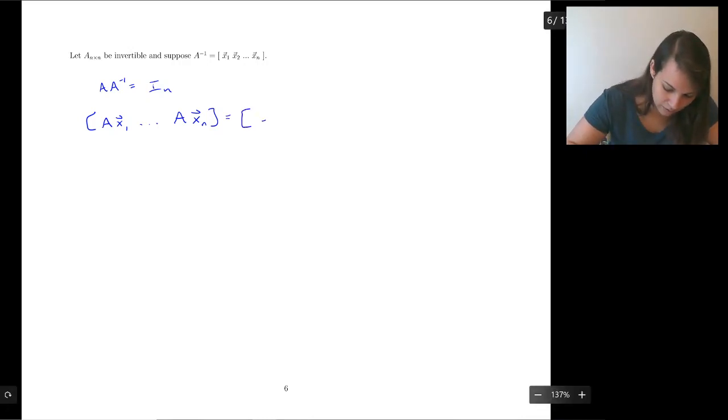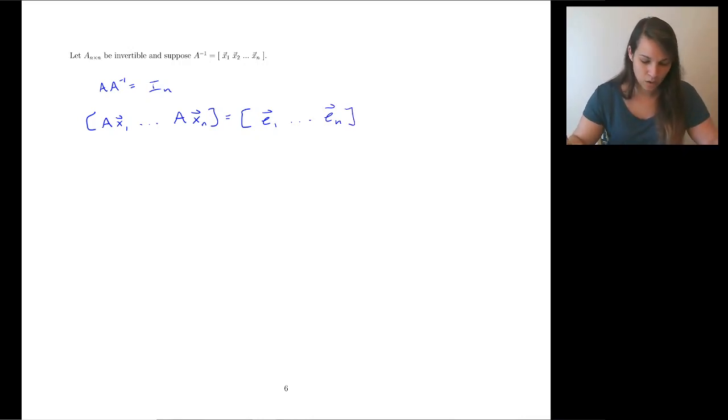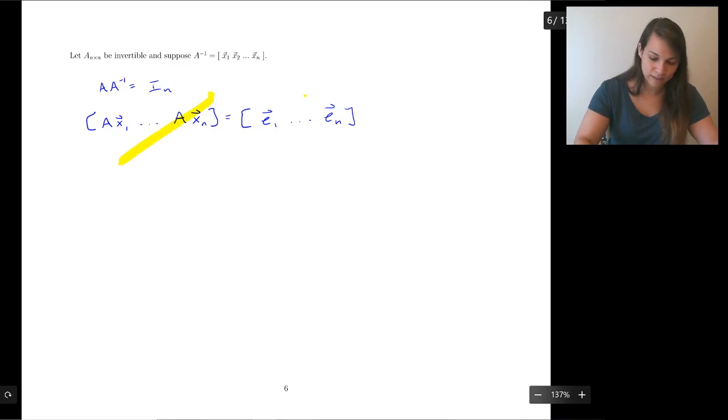And then we also have a fun way to write the identity matrix, and that's the e basis vectors. Okay? So in order for these two sides, left side, right side, to be equal, we need each column to be equal.